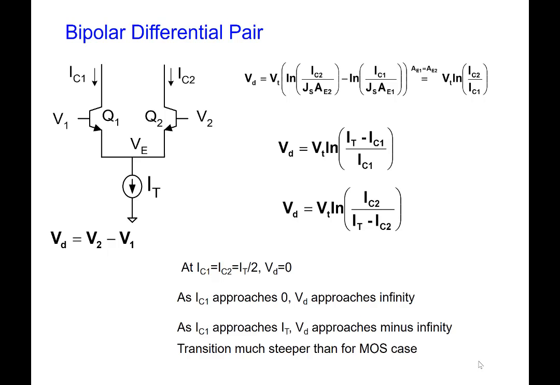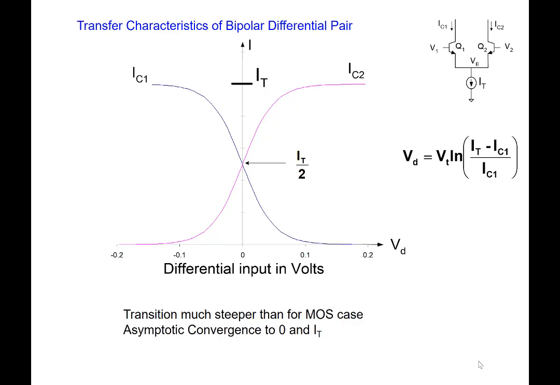Here's a plot of those exponential equations. And if you look at these characteristics, in contrast to the MOS transistors, where we can steer all the current to the left or to the right, in this case, we can only asymptotically steer all the current to the left or the right.